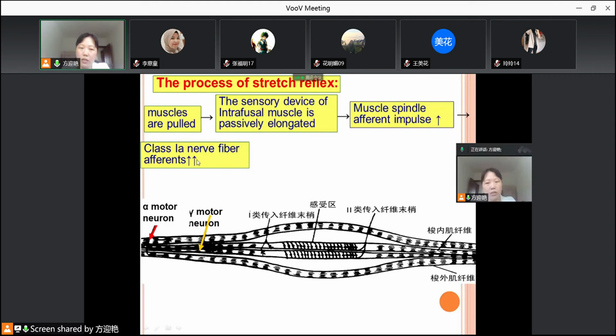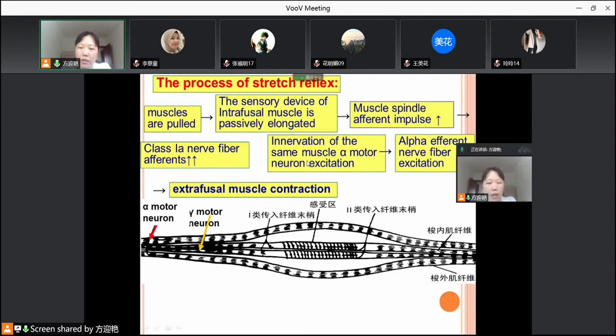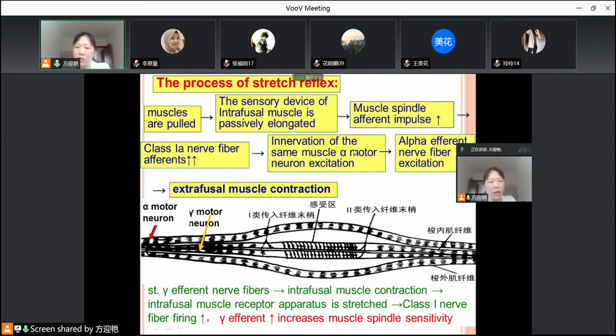The class 1 fibers are excited, and then, through innervation of the same muscle, the alpha motor neuron is excited. The alpha motor neuron is excited, and the alpha efferent nerve fibers are excited, which actually makes the muscle contract.